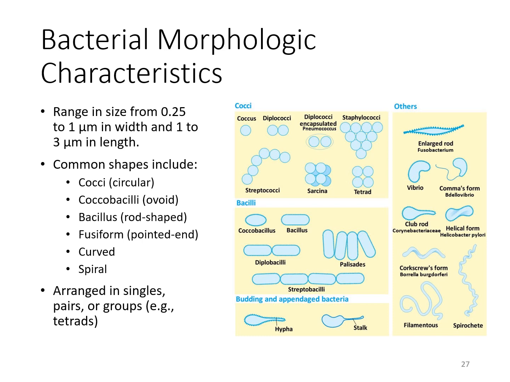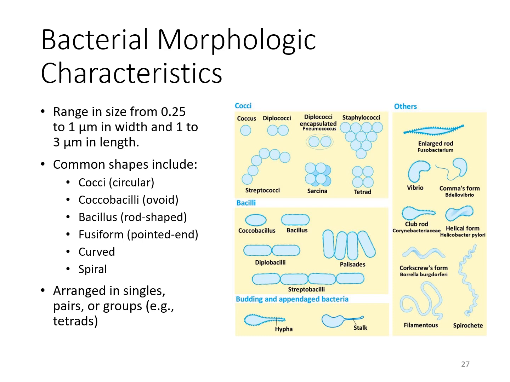So they are very small bacteria, but they can come in different shapes. So you have cocci, which are circular looking organisms, coccobacilli, which are bacilli that are kind of oval shaped, so they're a little elongated. You have bacilli, some people also refer to these as rods, so they're more of a rod shape.